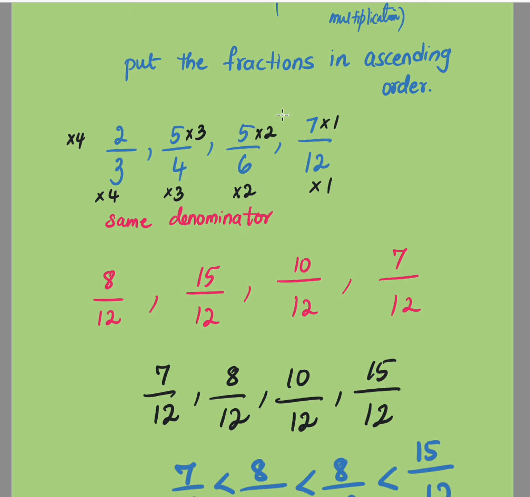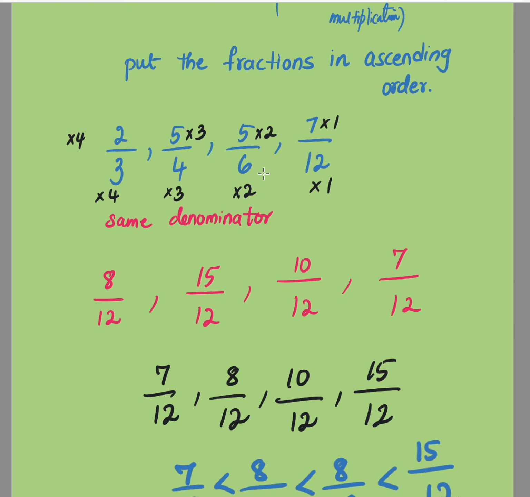Now when you have multiple fractions like this, you still have to figure out a way to get the same denominator. Now 3, 4, 6, and 12. What can we do to make it a common denominator? I can clearly see that I can multiply 3, 4, 6, and 12 by certain numbers so that they all become 12.